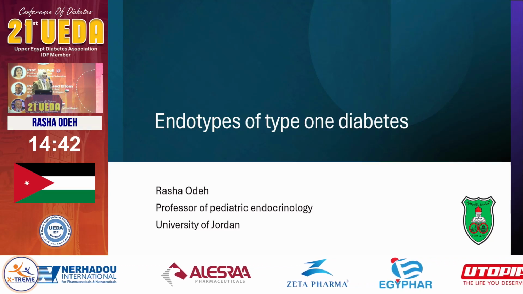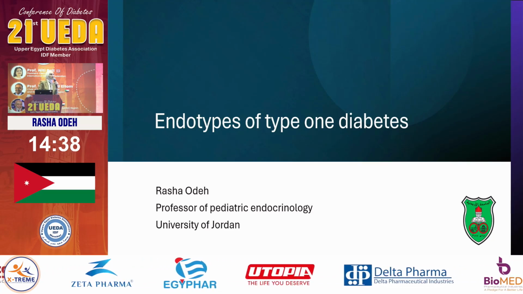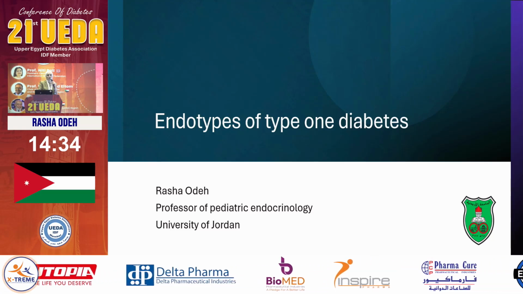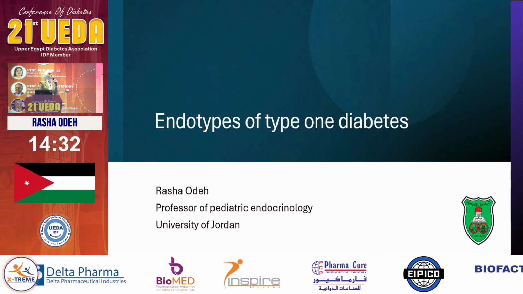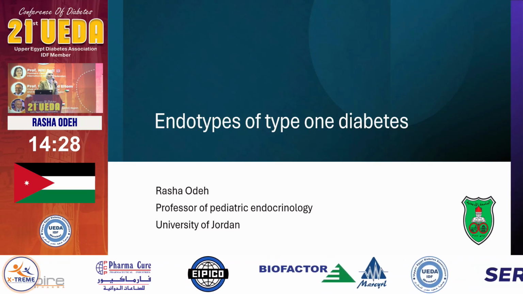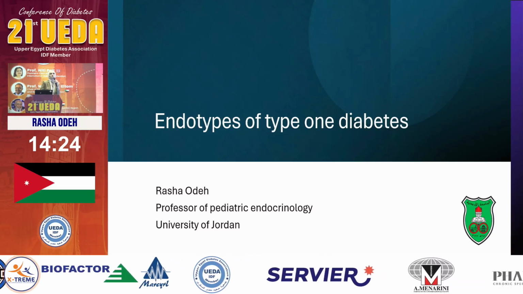So today, I'm going to talk about another type of diabetes, type 1 diabetes. I was given the task to talk about endotypes of type 1 diabetes. Does anybody know the concept, or has anybody heard about this before? If yes, please raise your hand.